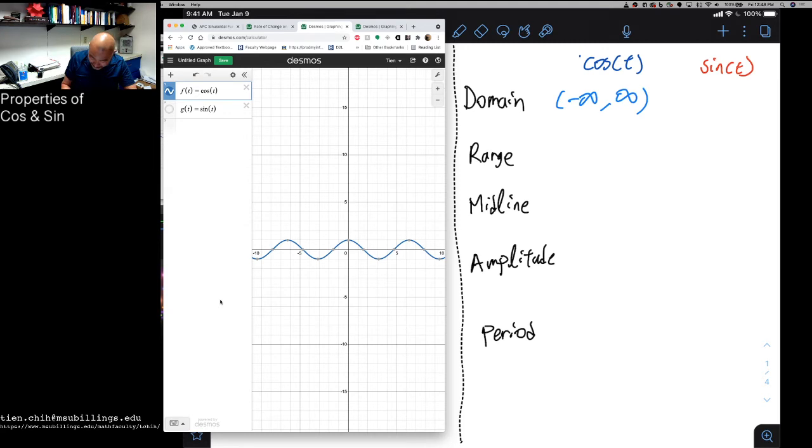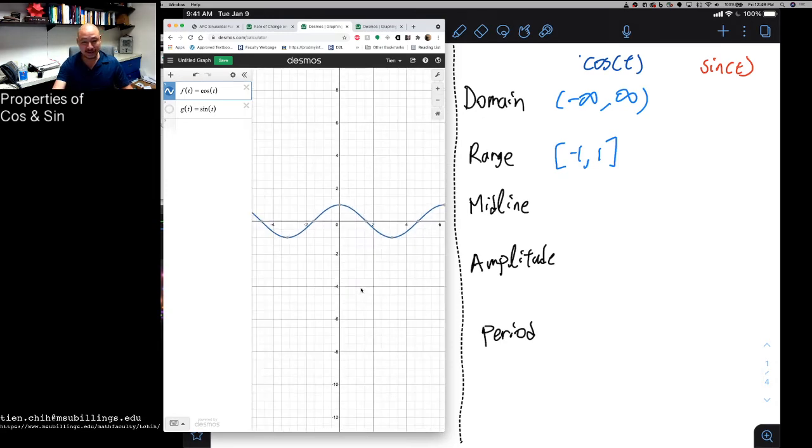And so the range of cosine of t is minus 1 to 1. The biggest your x value could be is 1. The smallest it could be is negative 1. I can't go past that because then my distance from the origin is more than 1, and I'm not on the unit circle anymore.